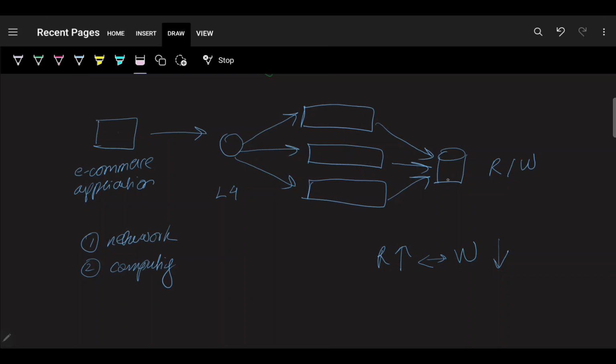So what we can do over here is add a master database where all the writes can go. So if I have to write, I can write over here.